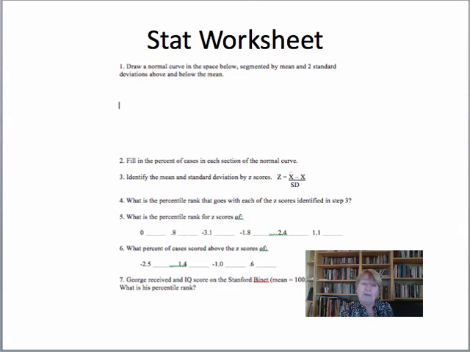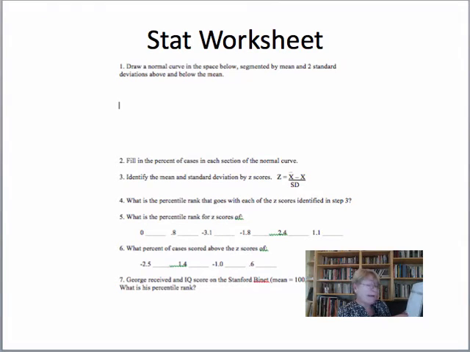One way to answer these questions is to find the z-score that you're interested in. So I'm interested in negative 2.5, and I find that on my Appendix 2 sheet. And I go over and I see it's 0.006, move my decimal point over, it's 0.6. So 0.6% of the cases are captured at or below negative 2.5. How many is above that?